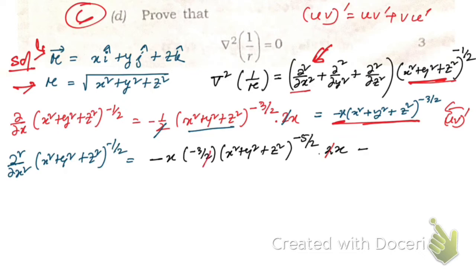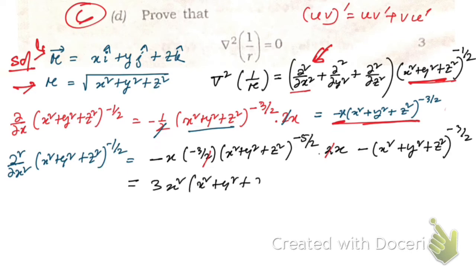Actually that should be plus because of this minus sign. Then minus (x square plus y square plus z square) to the power minus 3 by 2, into the derivative of x, which is 1, right? So this is the result we have got.